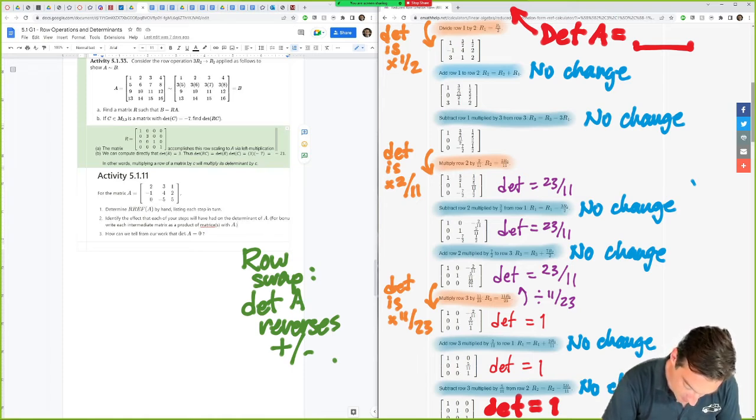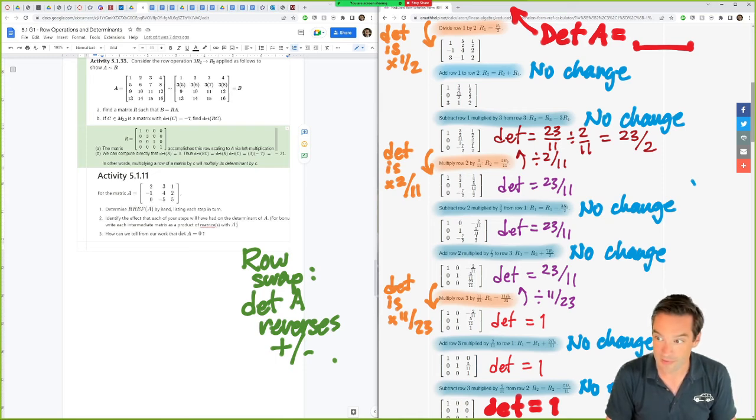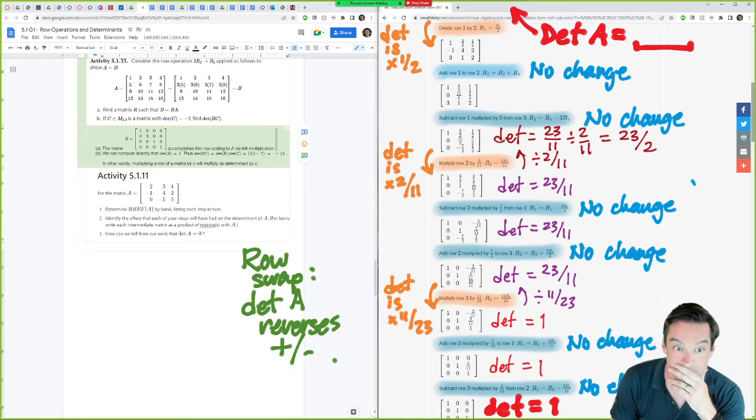And if I go backwards, dividing by 2/11, it's the same as multiplying by 11/2. I'm going to write that out, 23/11 divided by 2/11. So that determinant is 23/2. Everyone agree with that? Yep.